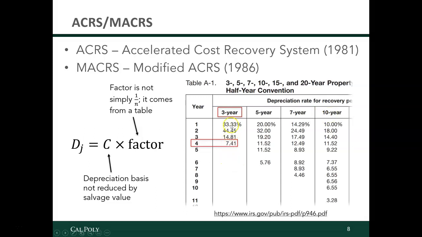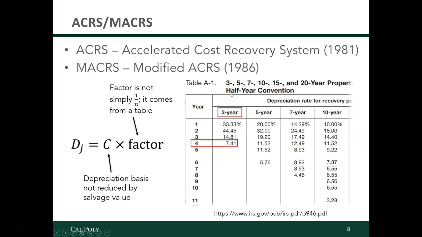So you might notice that this 3-year item doesn't depreciate completely by the end of 3 years. 33% plus 44% plus 14.81% do not sum up to 100%. You've still got 7.41% of the original purchase price left to be depreciated in year 4. And that's because we use the half-year convention.